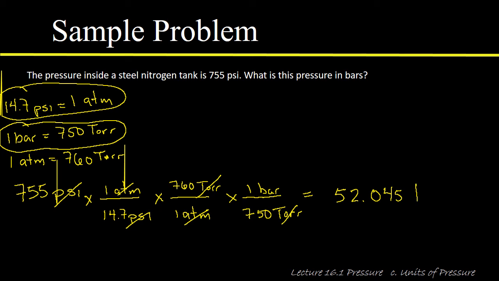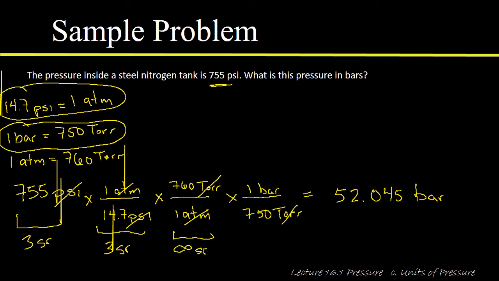52.045 bars. And then if we look at our significant figures, the information given to us here had 3 significant figures. This is an approximate relationship here, which is correct to 3 significant figures. This is a definition, so it has an infinite number of significant figures.